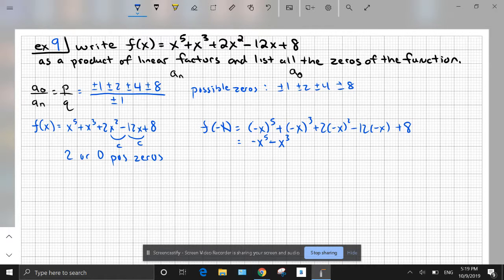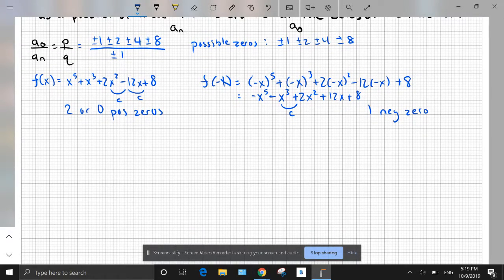Negative x squared is positive, so 2x squared. And then negative times negative, so plus 12x, and then plus 8. So we have negative, negative, positive, so that's a change, positive, positive, so just 1 negative zero.